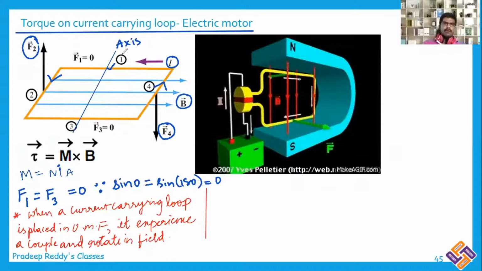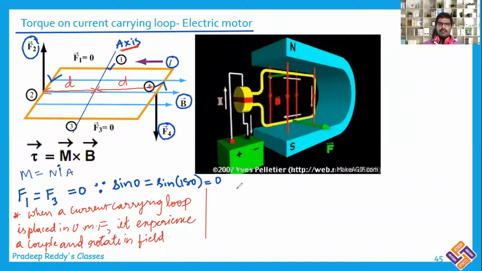Because now, if I consider this is the axis of rotation, this distance from here to here from the axis I can take as d, and from here to here I can take d, where d is the distance from the axis of rotation. We already know magnetic moment M is equal to N I A, where I is the current in the conductor and A is the area of cross section.